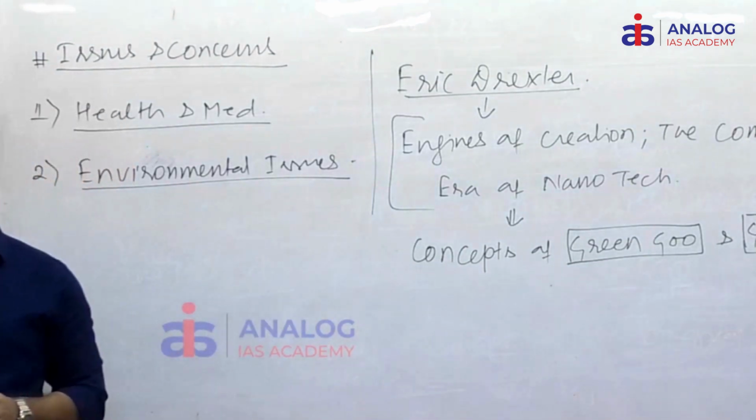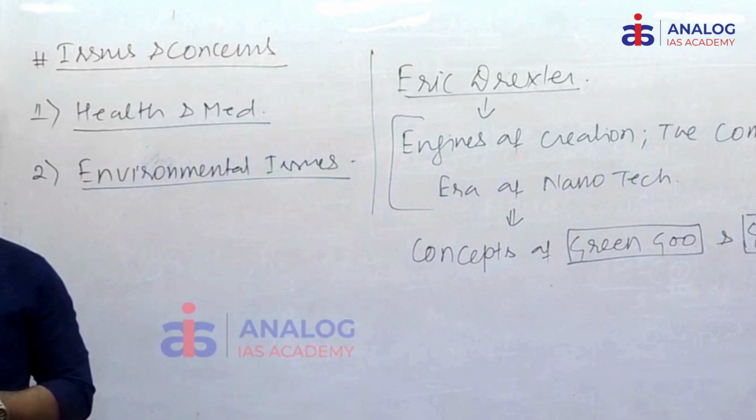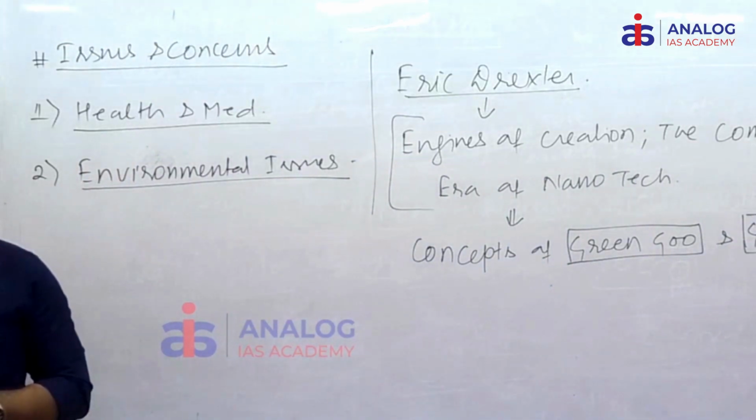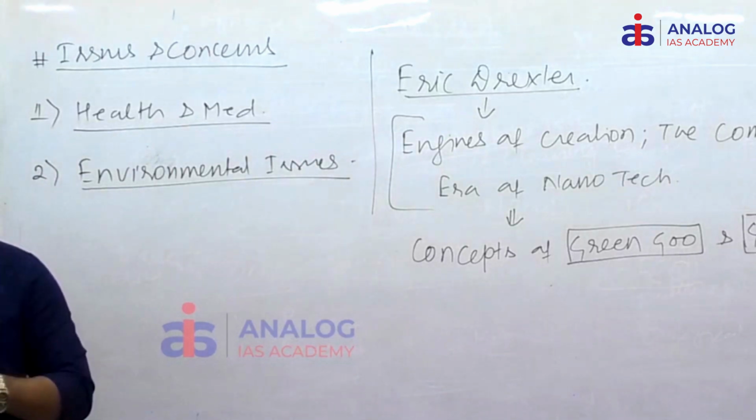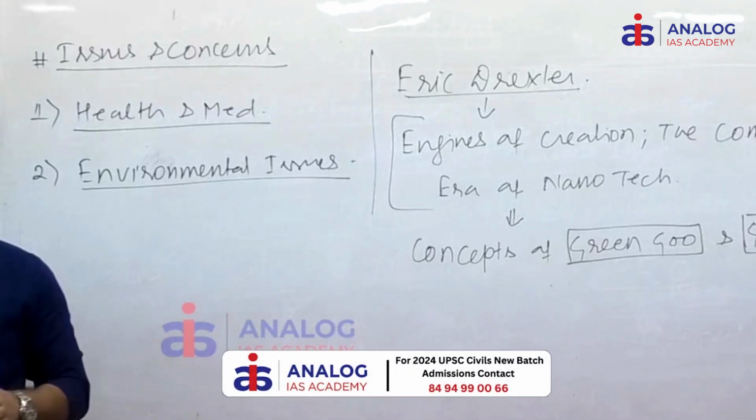Grey goo is all about such nanochemicals, nanomaterial, which can decompose anything. It's like rusting of iron placed outside. It will slowly rust, and after a few decades the iron will be just gone.